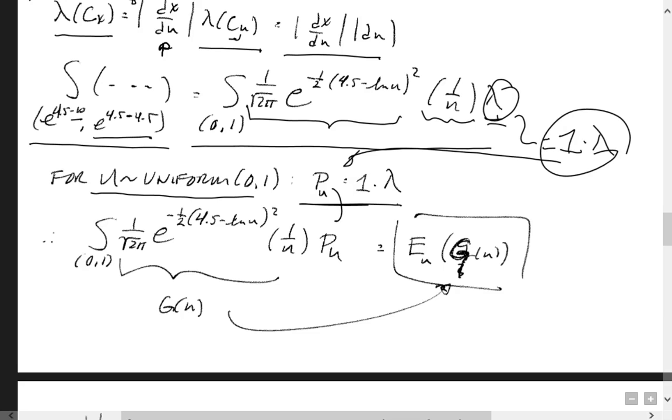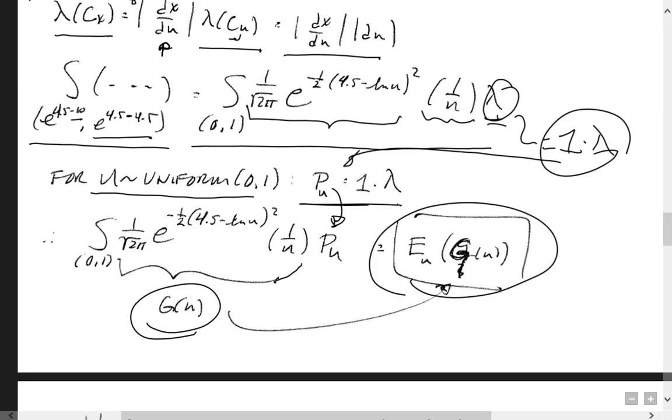So the probability p sub u sits here. And what does that say? That says that really I am taking an expected value of this function capital G of u, which includes my derivative there, with respect to a random variable u. So basically we have the expected value with respect to the variable u of G of u. And that gives us that integral.